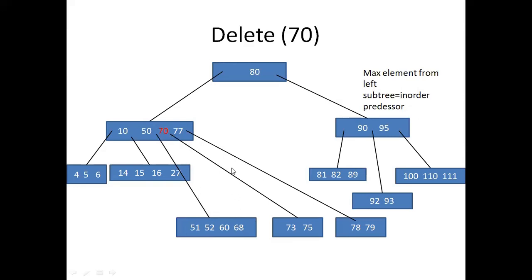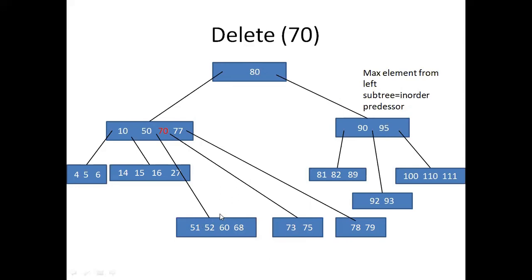The maximum value will be the in-order predecessor. If you want to select from the successor, you have to select the minimum value. From predecessor, maximum value. From successor, minimum value, which is similar to the left and right condition when borrowing from left or right sibling. If you are borrowing from the left sibling, you will borrow the maximum value. If you are borrowing from the right sibling, you will borrow the minimum value.